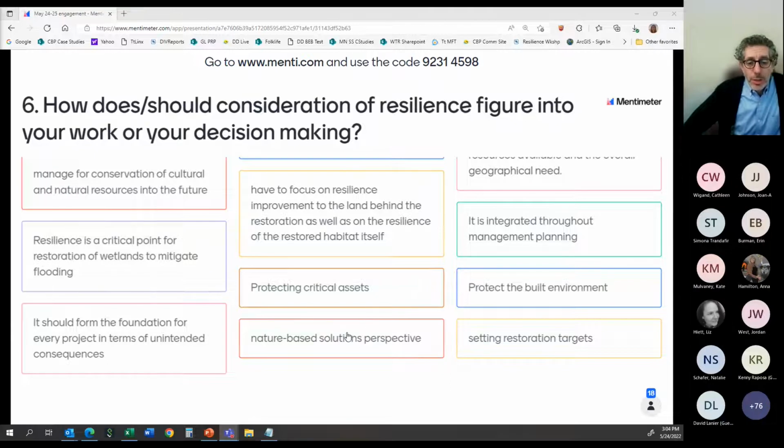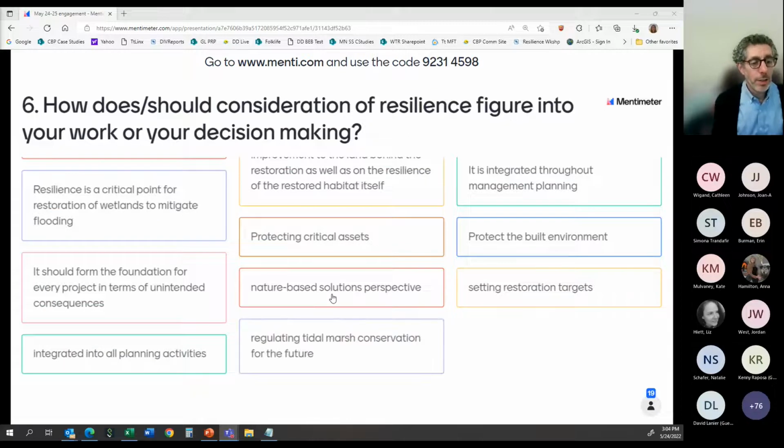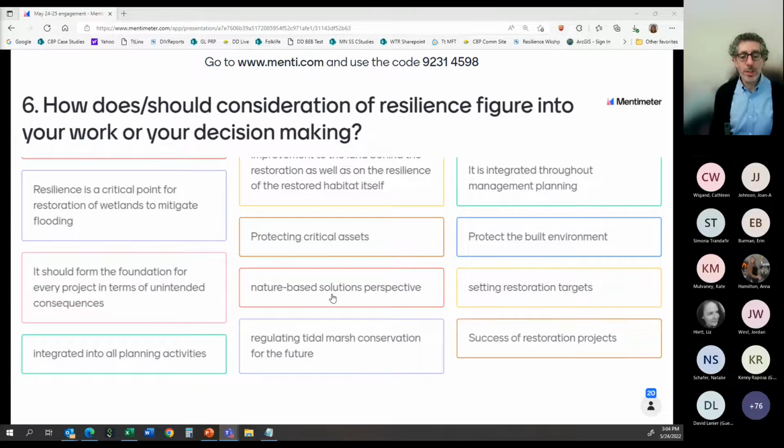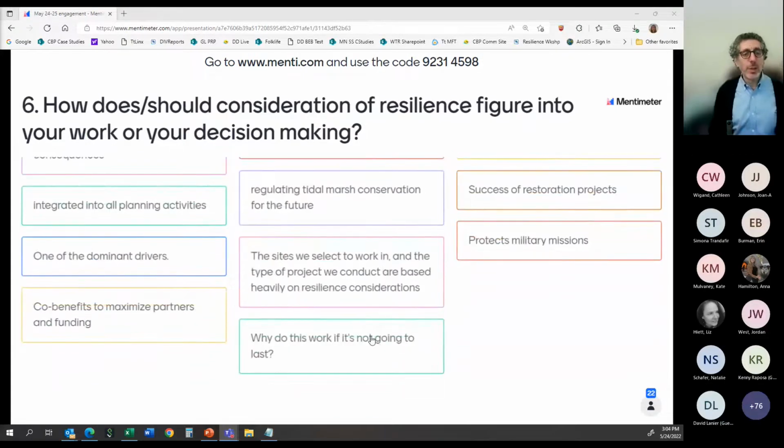Nature-based solution perspectives, restoration target setting. It's a critical point for restoring wetlands. Integrate into all adaptation activities, regulating tidal marshes for the future. So there's lots of different ways that people consider resilience in their decision making.